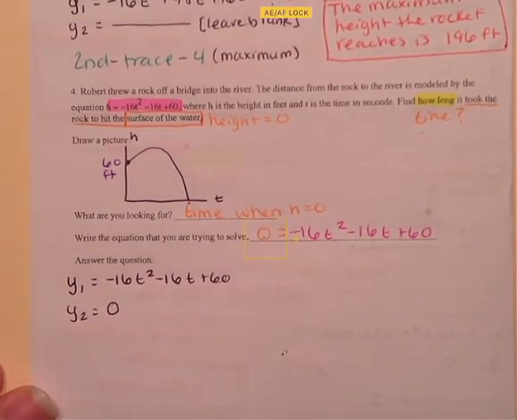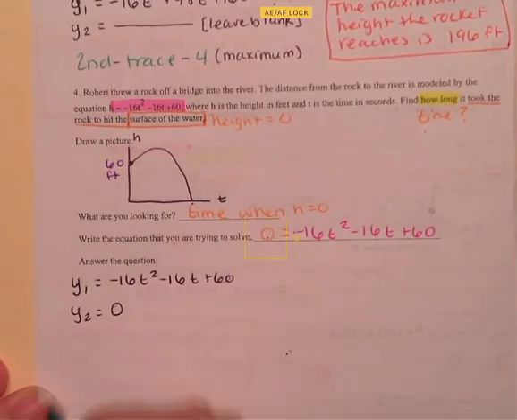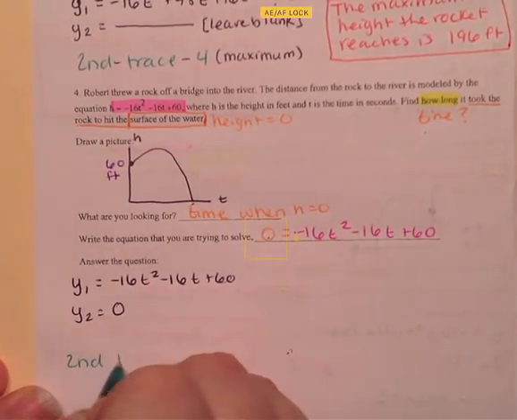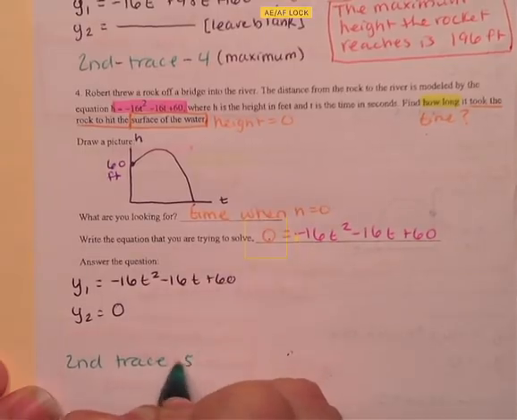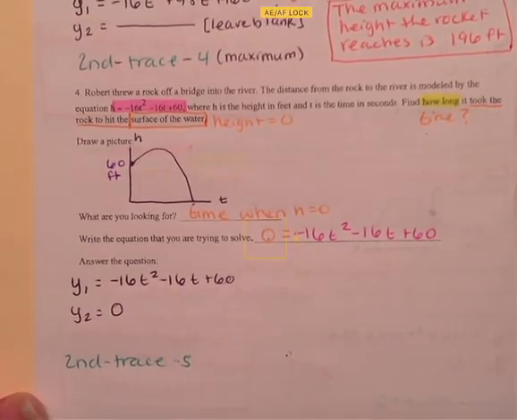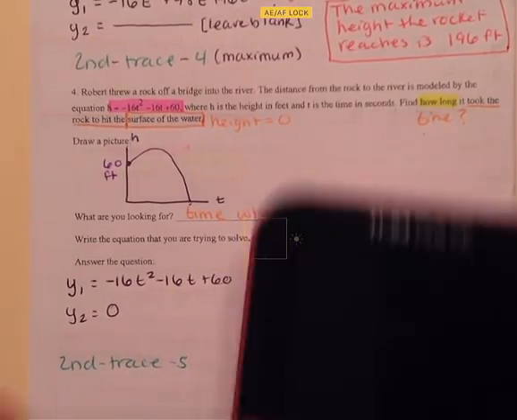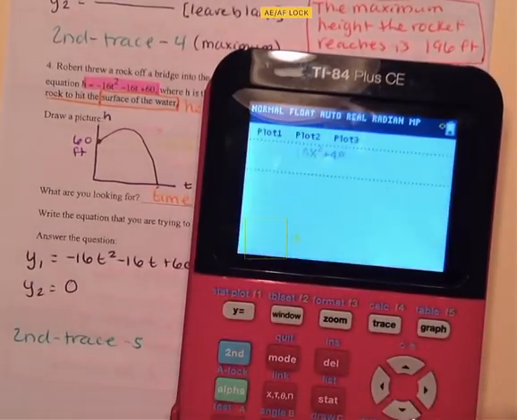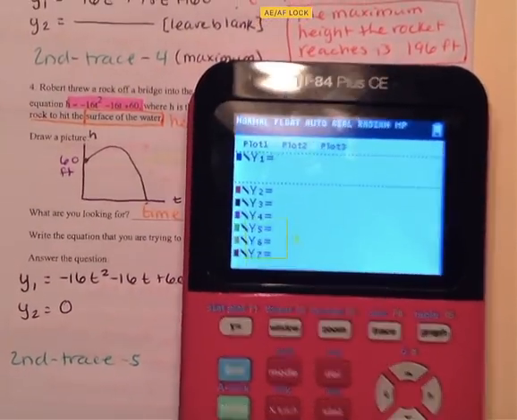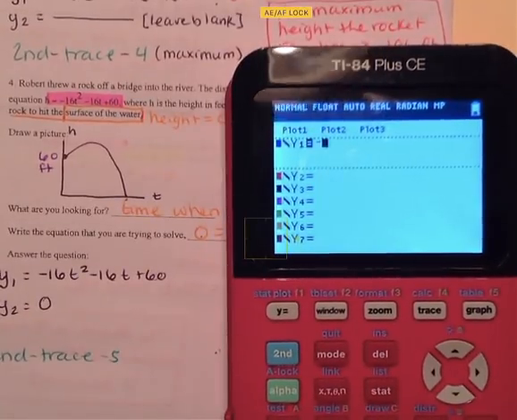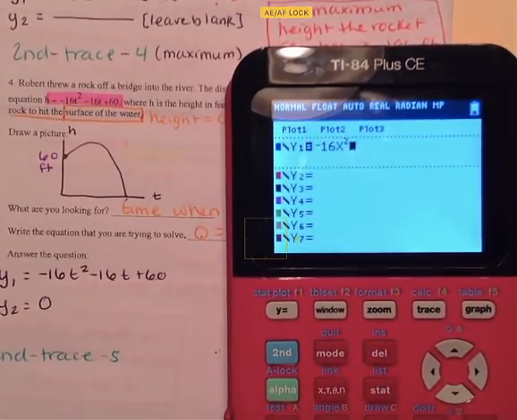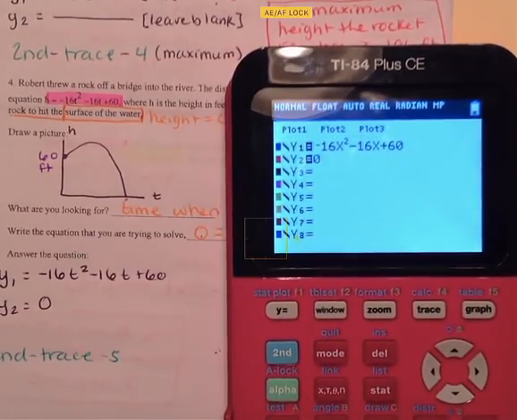We'll again do second trace 5 because we want to find the intersection. So we go to our calculator. I'm going to go back to my y equals and clear out what I had earlier. I have negative 16x squared minus 16x plus 60, and for y2 I put 0.